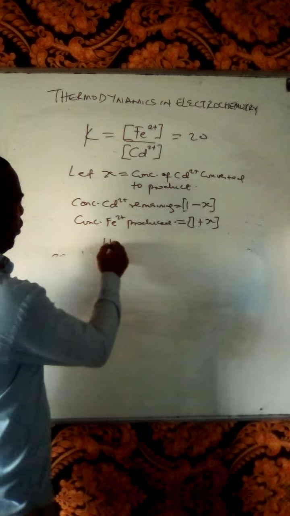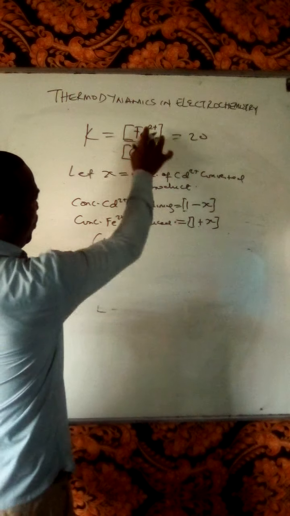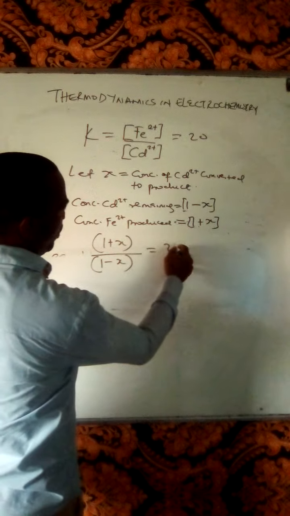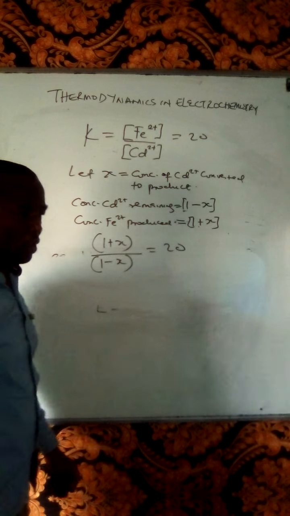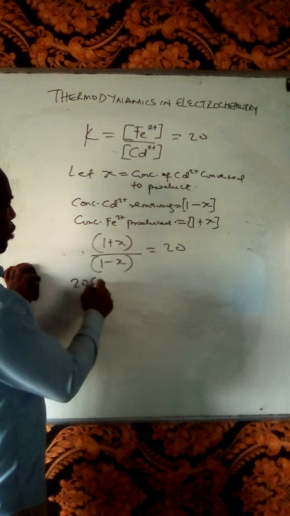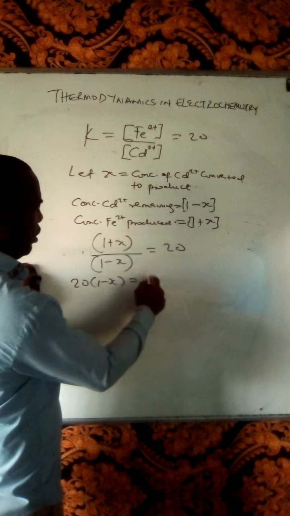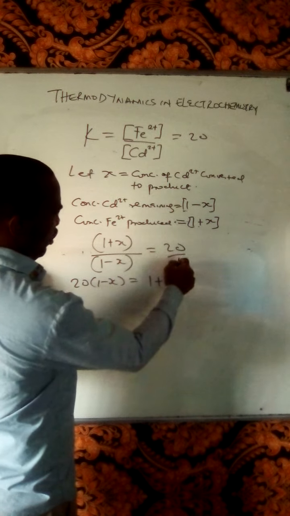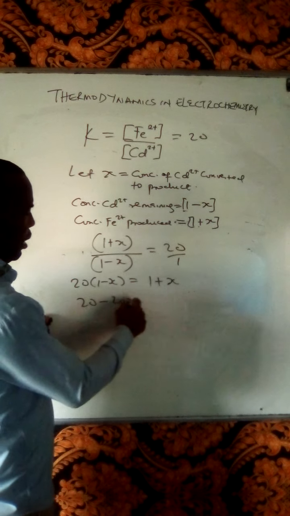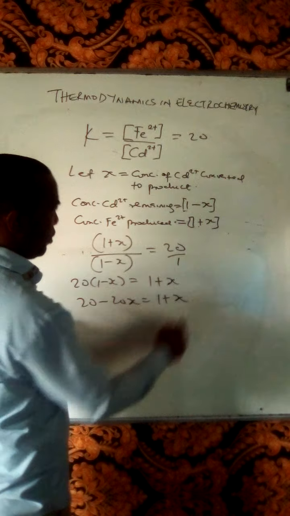That's 1 plus S for iron all over 1 minus S for cadmium equal to 20, which is the equilibrium constant expression. We now cross multiply, 20 into 1 minus S equal to 1 plus S, since what we have is 1 as denominator. We now have 20 minus 20S equal to 1 plus S.